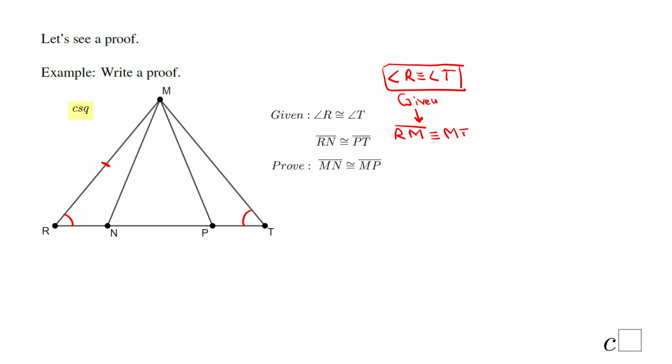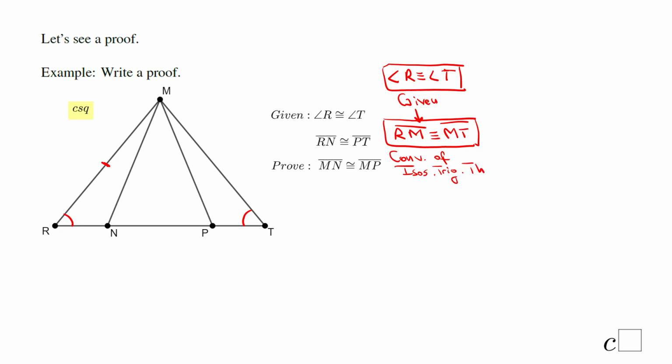If you remember, just 5 minutes, 10 minutes ago, we have a theorem, the converse of an isosceles triangle. So that will be my reason here, converse of isosceles triangle theorem, something like this, right?